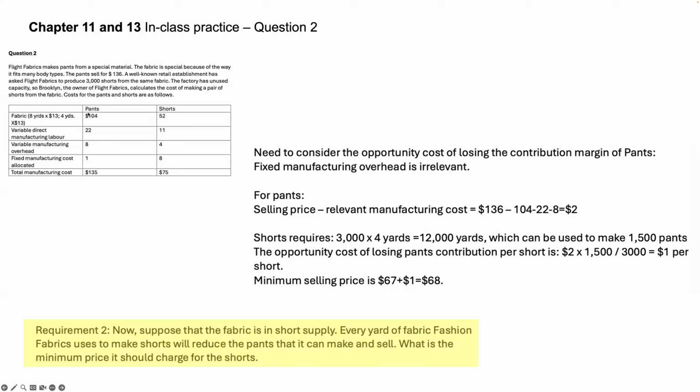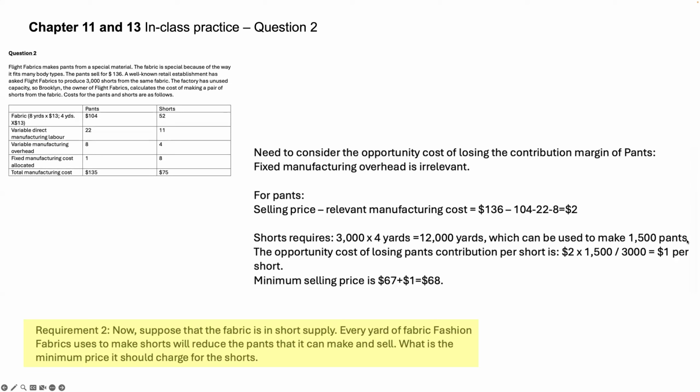Each pant requires 8 yards. So these 12,000 yards would have been used to manufacture 1,500 pants: 12,000 yards divided by 8 yards per pant is 1,500 pants.